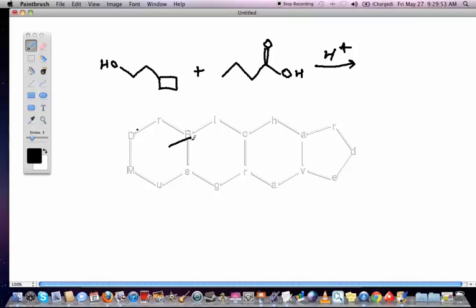So what I would want you to do first is draw the carboxylic acid, that's the one with the C double bond O and the OH, and underneath it go ahead and draw the alcohol.